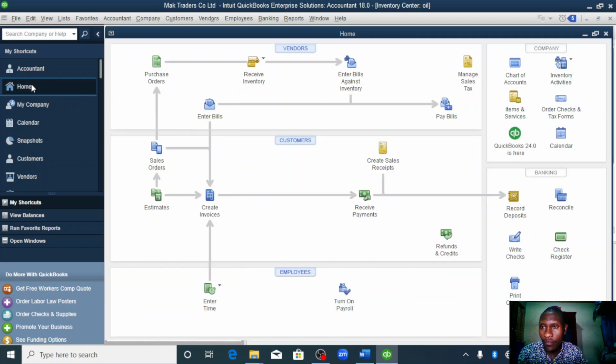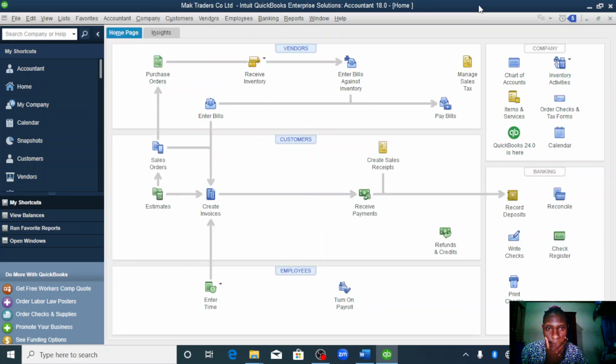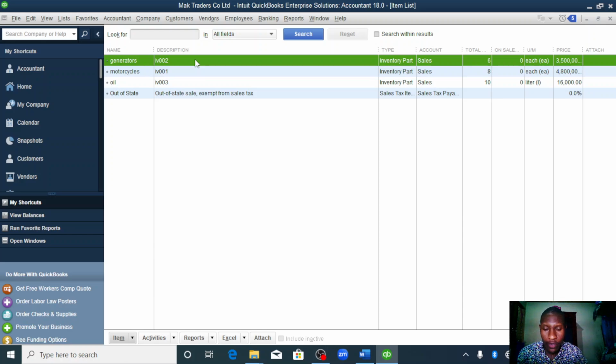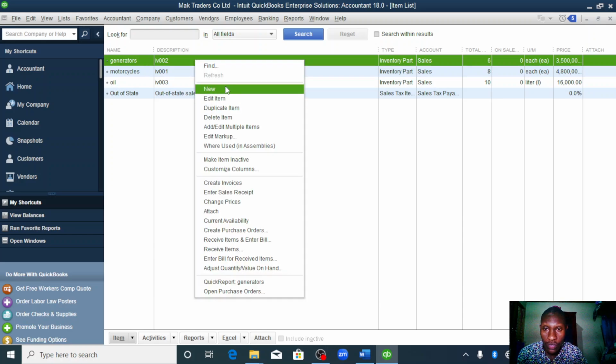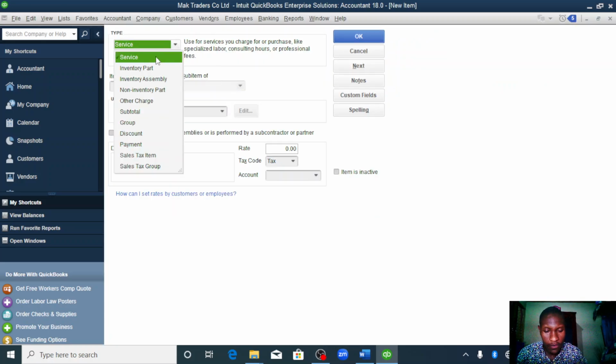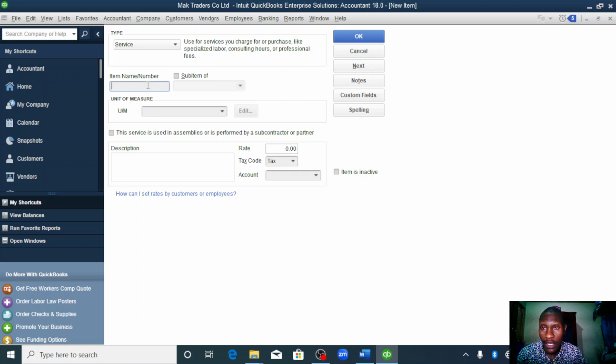So we go to home, then we go to items and services, then we right click, we go to new, then we click on service. Item here we are having servicing. It is not having any unit of measure. The description is coded IV004.